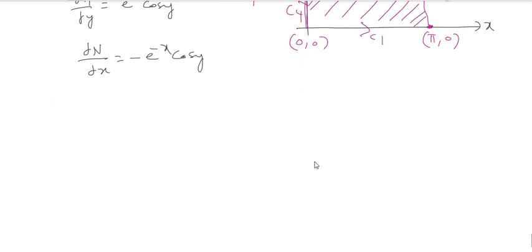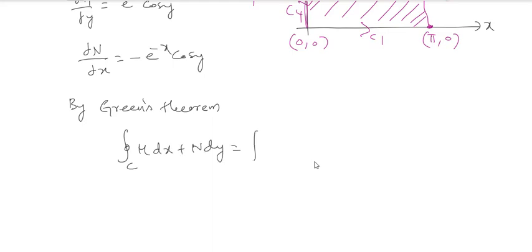So by Green's theorem, you will have the closed integral over C of M dx plus N dy. This you can represent as the double integral over R of dou N by dou x minus dou M by dou y into dx dy. Am I right or not?